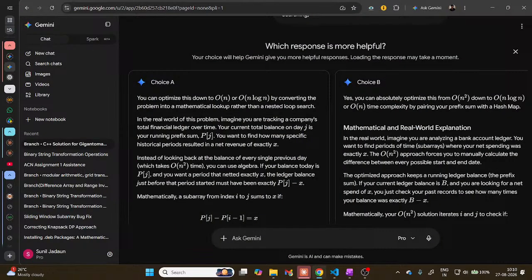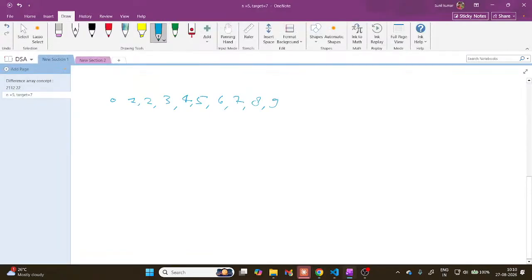Now, your current total balance on day J is your running prefix sum Pj. Yes, we have our running prefix sum Pj at any day, right?